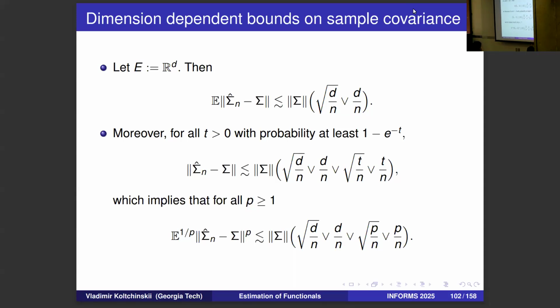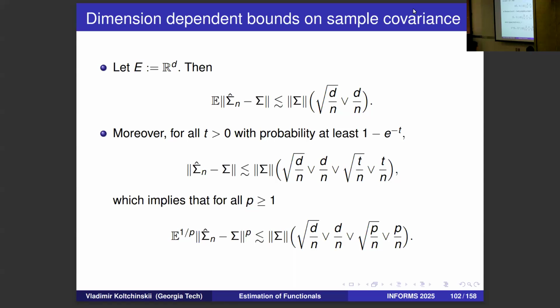However, bounds in terms of dimension are not necessarily sharp. They're going to be sharp when our sample covariance is somehow close in some sense to identity. By this I mean that it has spectrum bounded away from zero by a constant. If it has spectrum bounded away from zero by a constant, it would be an approximately isotropic operator, and in this case everything is controlled in terms of the dimension.